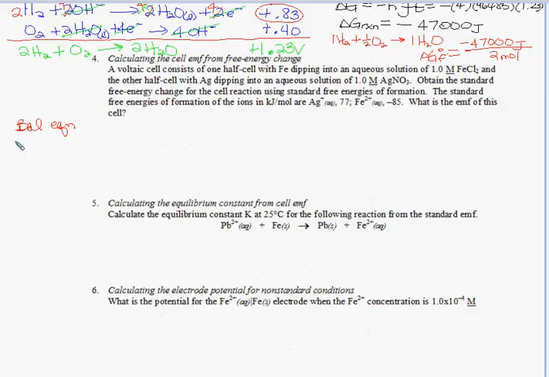And we're going to have silver turning into silver ions with a voltage of positive 0.8. Wait, that can't be right. What did I just say? Hold on.